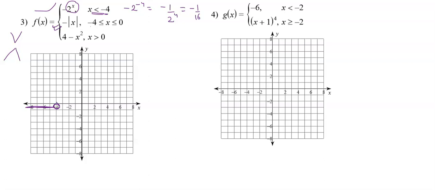So when x is minus 4, y value will be negative of absolute value of minus 4, which is basically negative of just 4, right? Because anything in absolute value is always positive, that's why it became 4, and finally it is minus 4. So the point is negative 4 comma negative 4.